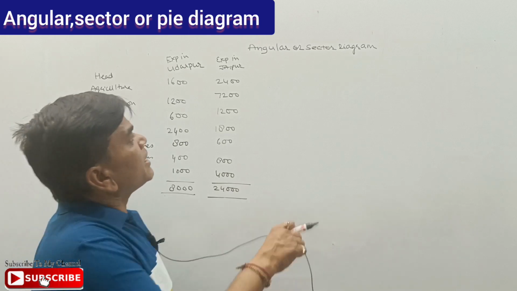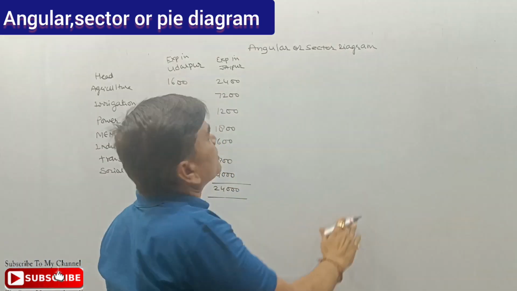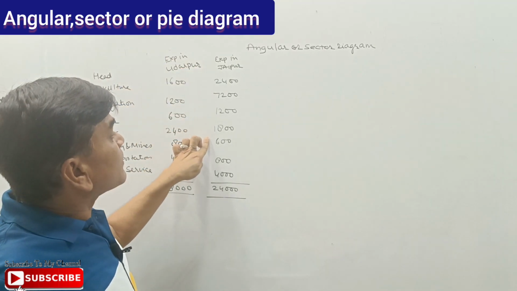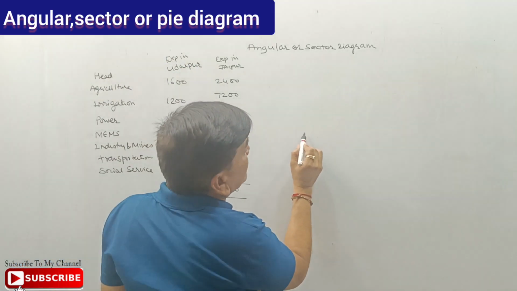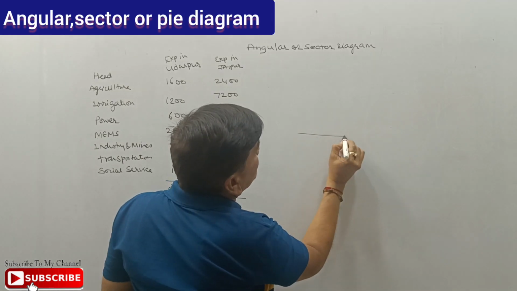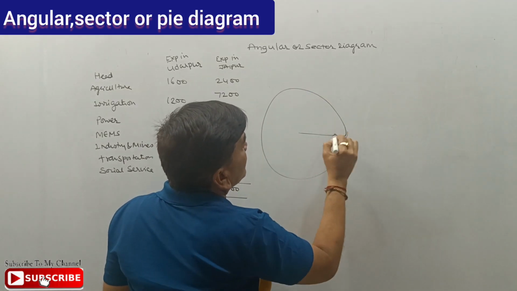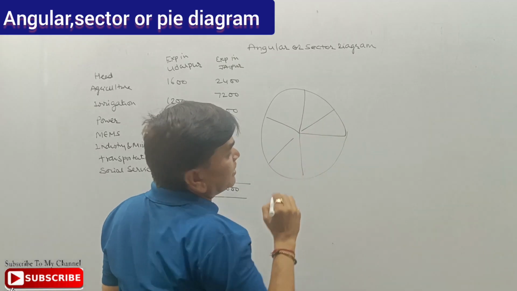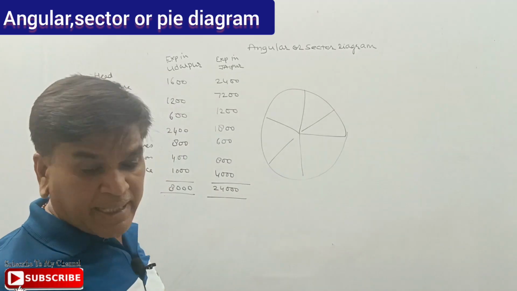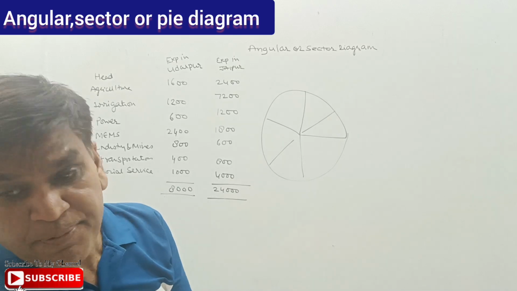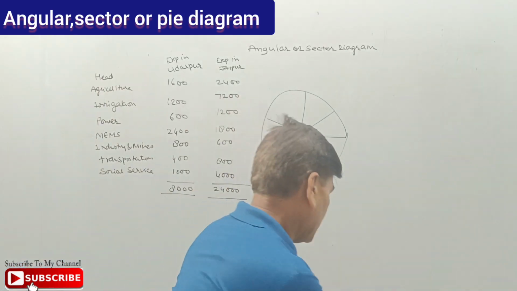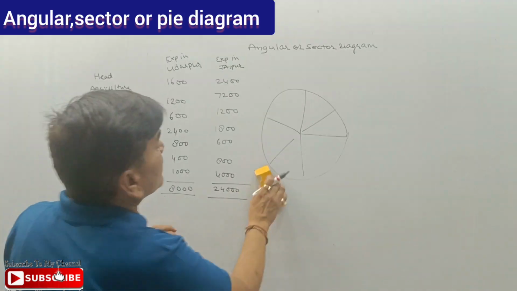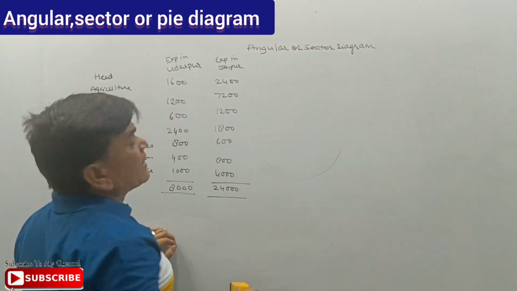So we are to make the angular or sector diagram for that. For getting this angular diagram, the very first thing we have to do is calculate the angle.